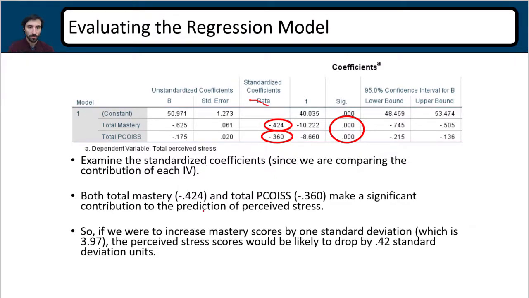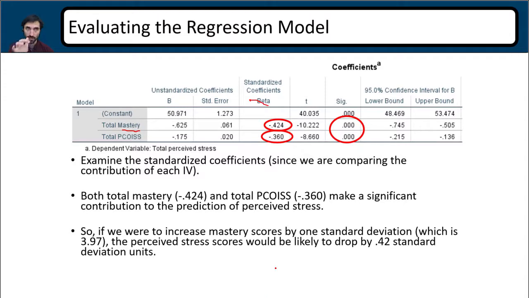And for both mastery and PCOIS, it makes a significant contribution to the prediction of perceived stress. So which one has a more significant contribution? Well, it would be the negative, the mastery scale compared to the PCOIS scale. So in other words, if we were to increase the mastery scores by 1 standard deviation, then the perceived stress scores would likely drop.